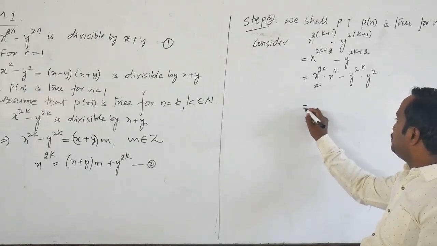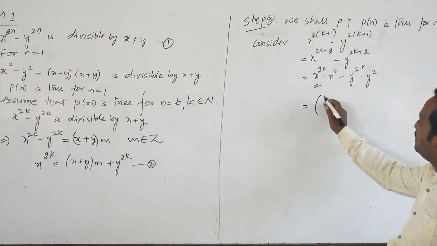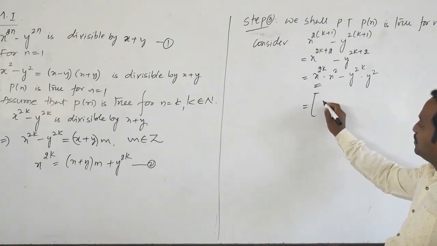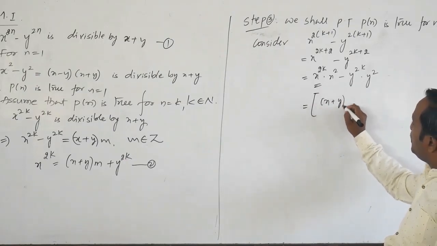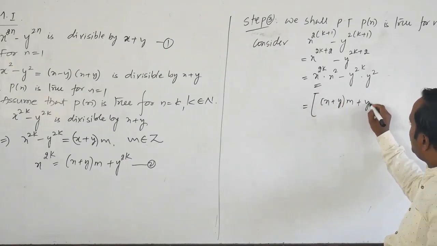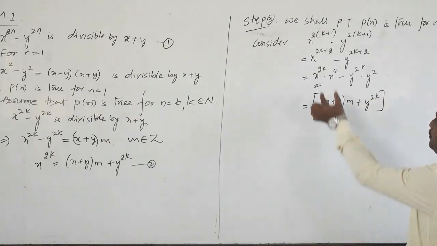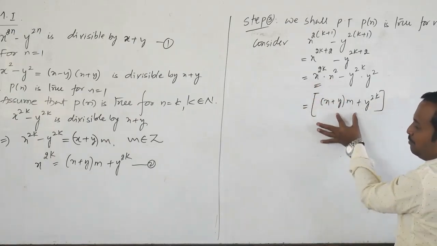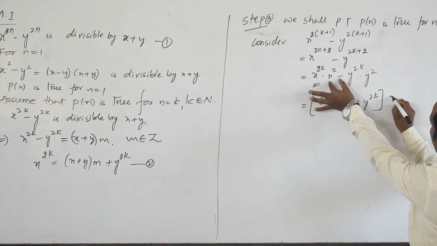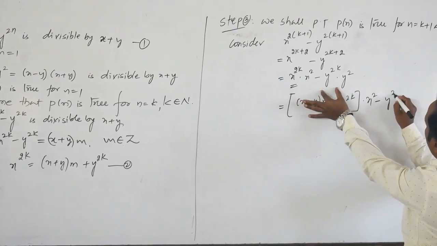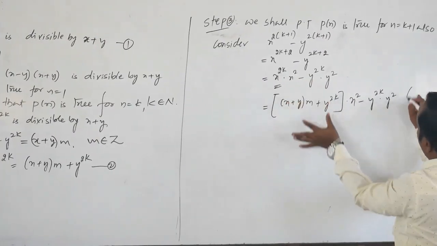So now I take x raised to 2k. I can write this as x plus y into m plus y raised to 2k, from equation 2, into x square as it is, minus y raised to 2k into y square as it is.